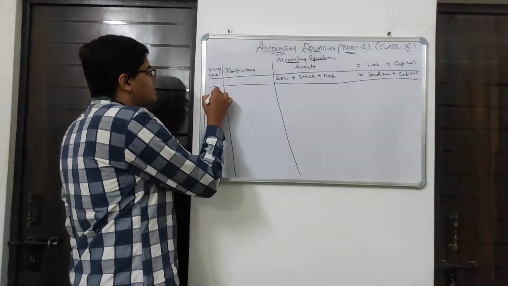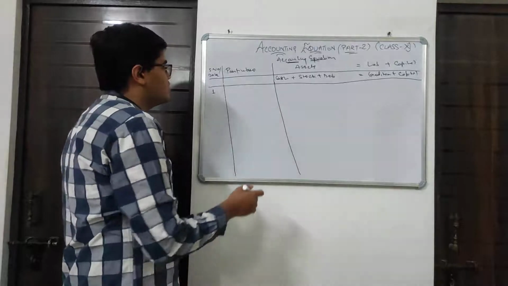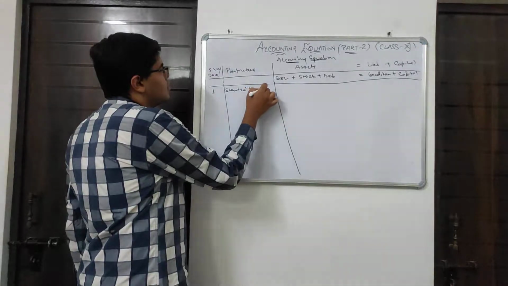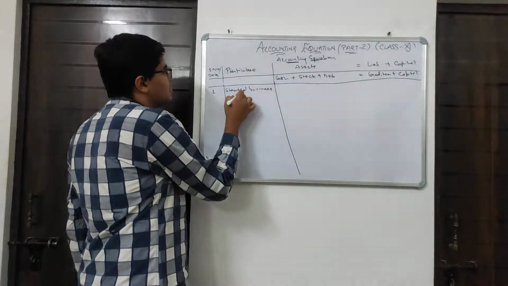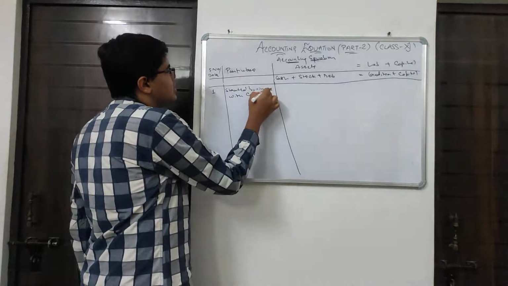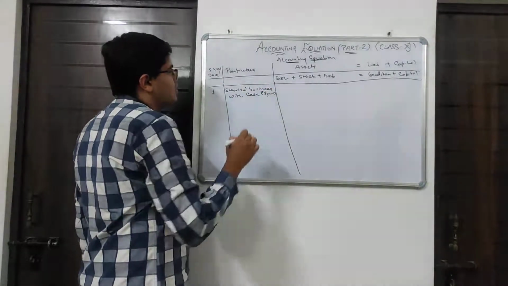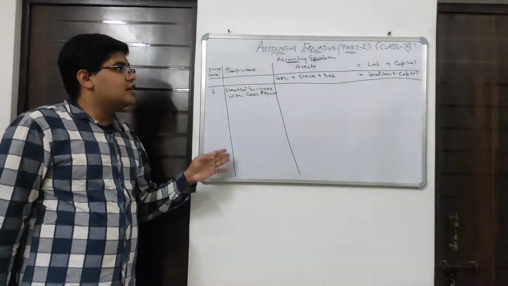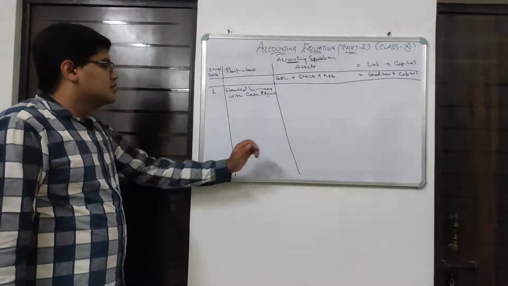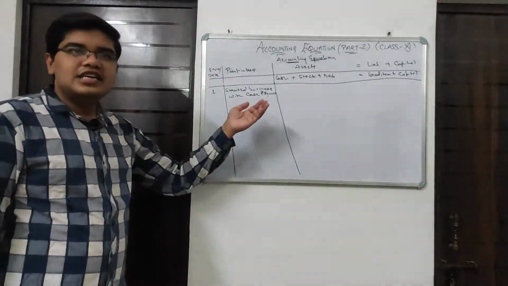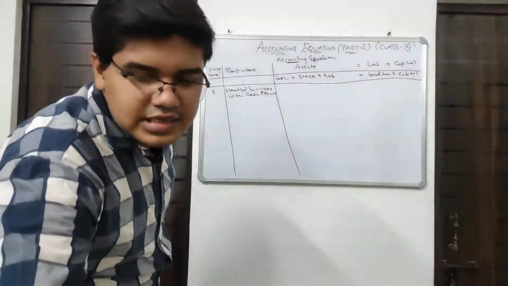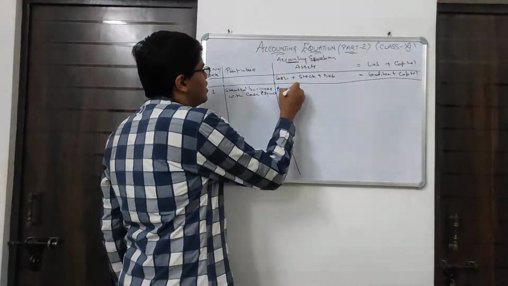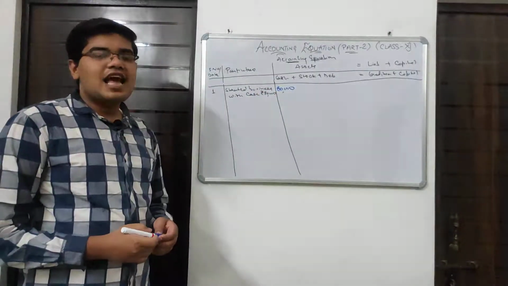Our first transaction given is: started business with cash rupees 80,000. Since the owner and the business are different from the accounting point of view according to the business entity principle, the businessman has invested 80,000 in the business. So in the business the cash increases by 80,000 and it creates the capital.